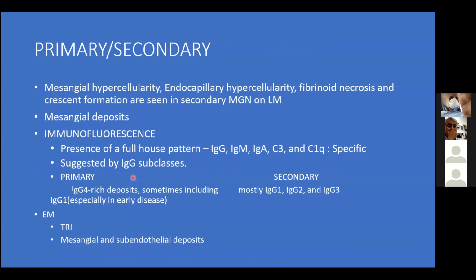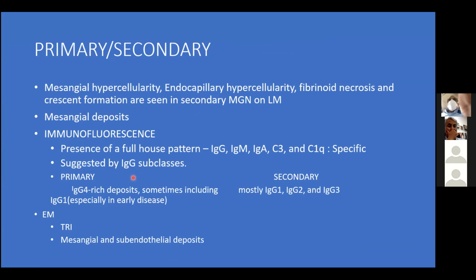Can we differentiate based upon the morphology whether it is primary or secondary? Yes, we have certain clues on light microscopy, immunofluorescence, and electron microscopy to differentiate whether we are dealing with primary or secondary membranous nephropathy. I told you that membranous nephropathy is characterized by diffuse and global thickening of the basement membrane with stiffened capillary loops.